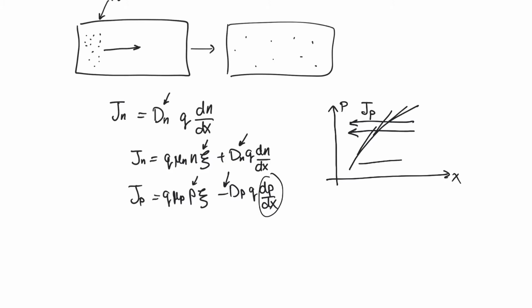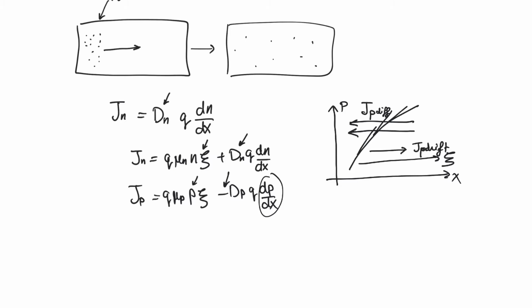However, if the electric field is positive in this direction, then the drift of holes is going to be in the same direction as the electric field and in the opposite direction of diffusion. So if you substitute for everything with the correct sign, the electric field with the correct sign, the gradient of hole concentration with the correct sign, you will end up with an equation that sorts itself out.